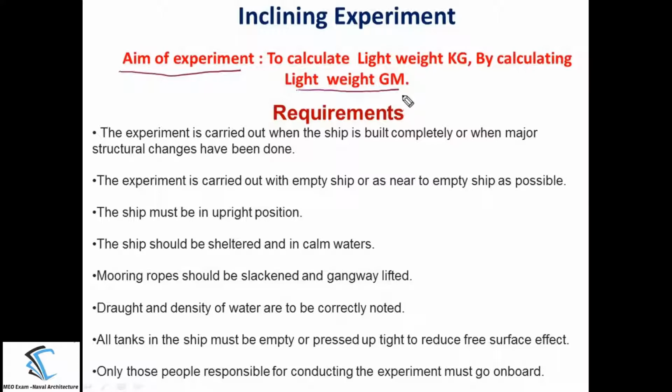So whatever the GM, metacentric height, you are getting, that is the ship's metacentric height, that is the ship's own weight. That is called a lightweight GM. With the help of this lightweight GM, we are going to find out the lightweight KG. So the purpose of these experiments is to calculate the lightweight KG, that you have to understand.